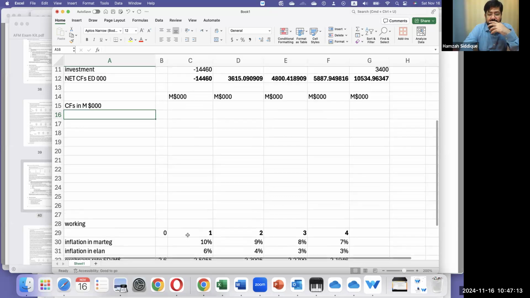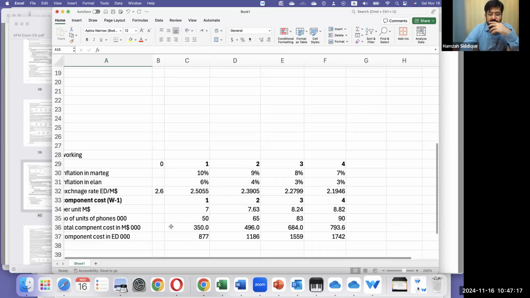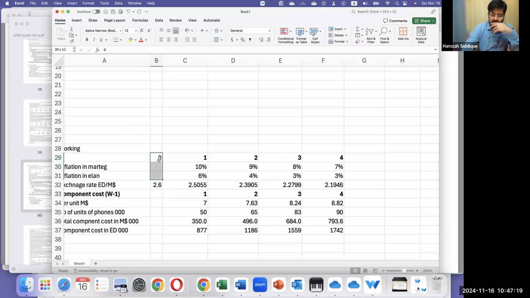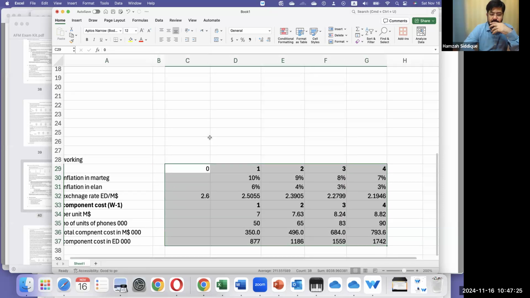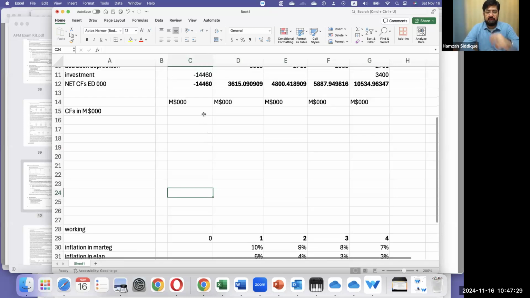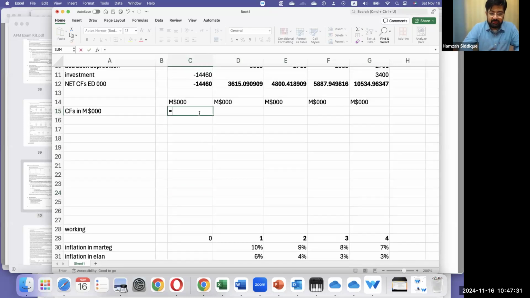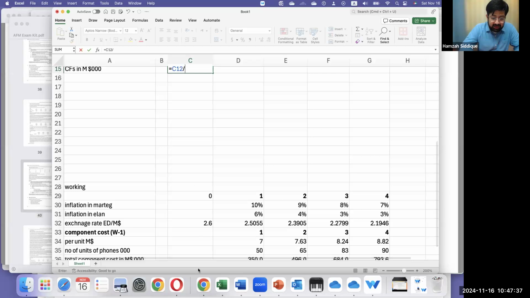Okay. Now, so students, just see here. Elan divided by Elan per ED.